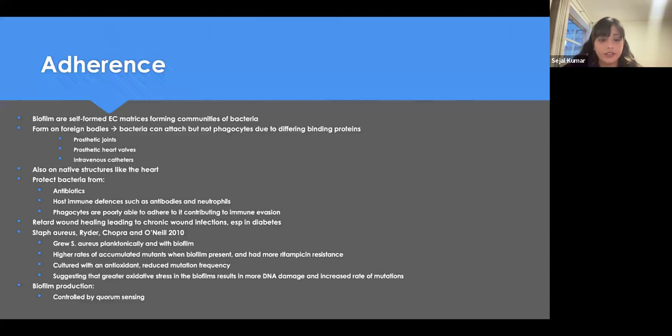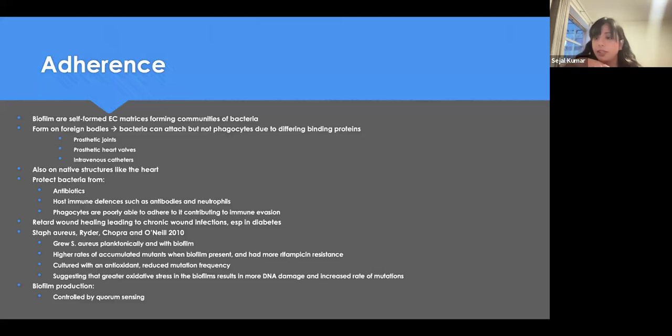And then this is a really good piece of experimental evidence, the one that I've got down there on Staph aureus, Ryder, Chopra, and O'Neill. I think it's really nice to explain and really well done as well. They grew Staph aureus planktonically and with biofilm, and they found that there were more mutants that caused antibiotic resistance when the biofilm was present than without.